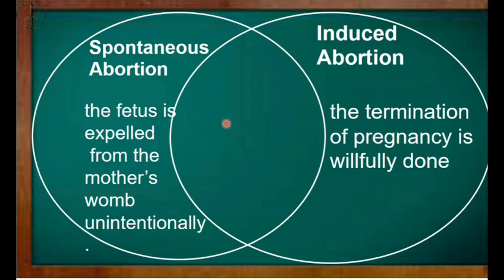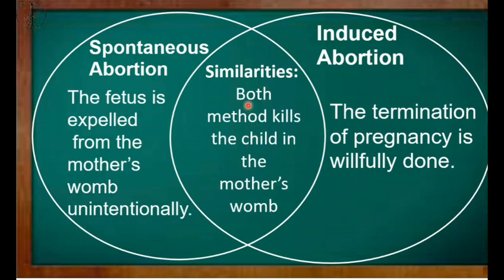And then for similarities, both methods kill the child in the mother's womb. Alright, here are the similarities. Remember, the similarities should be in the middle, on the part where both sides overlap.